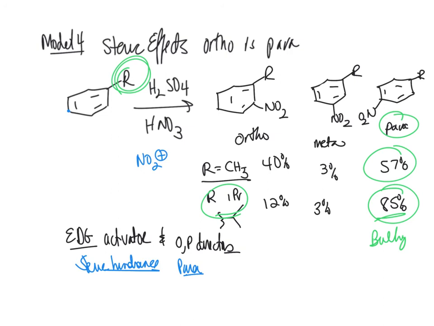I want to see sigma complexes, reatomization, and resonance structures for at least one ortho para director and for one meta director. If you want to show all resonance structures for A, B, C, and D, you can, but as long as I see all your resonance structures for two of them, one has to be an ortho para director and the other has to be a meta, then that will take care of that exercise.